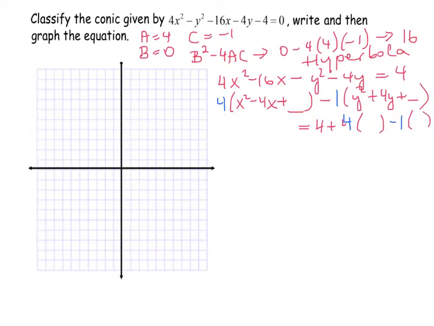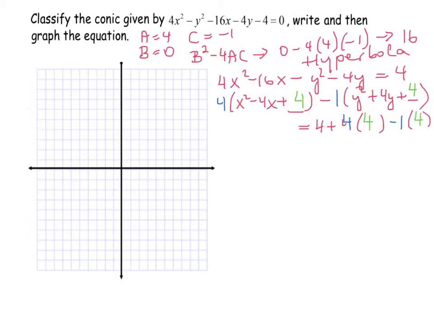Now we need to figure out what completes the square. For the first set of parentheses, x squared minus 4x, I have 4 that completes the square. And for the second set of parentheses, y squared plus 4y, I also have 4 that completes the square. So I fill that in on the other side of the equal sign also.